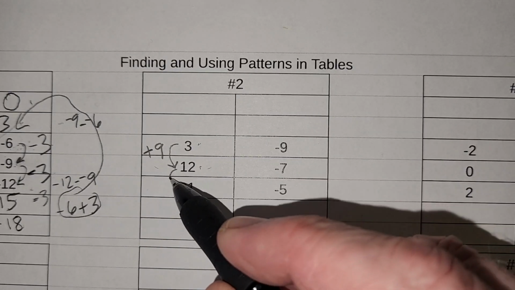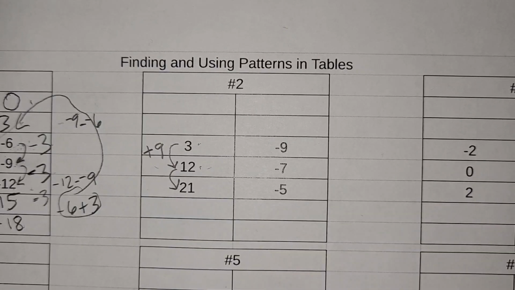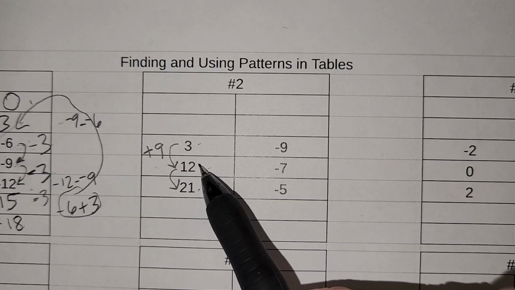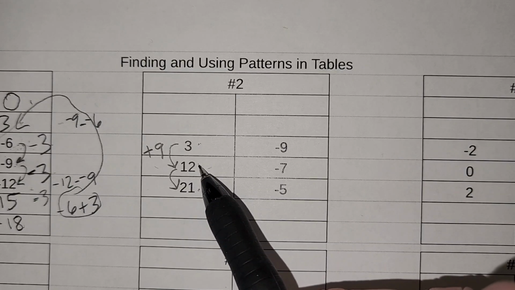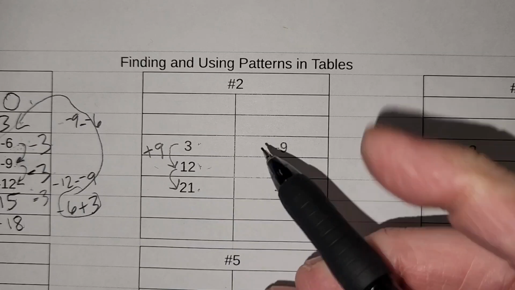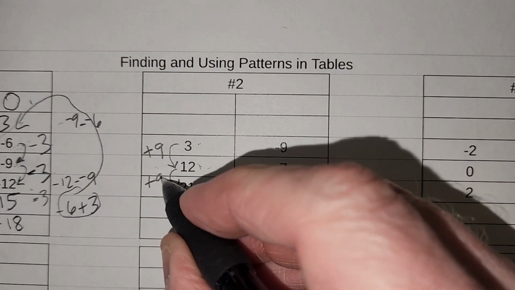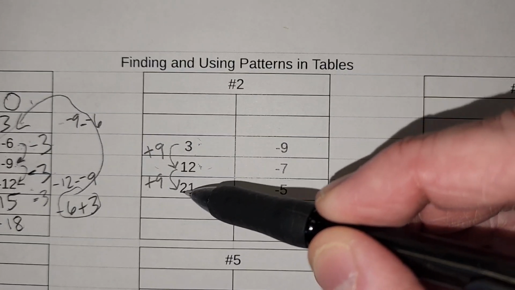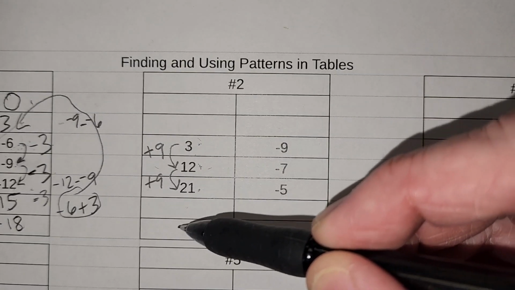And then how do I get from 12 to 21? So you're going to take this number minus this number. You plug it in. And you get 17. No, it's 9. Plus 9. So we add 9, add 9, add.